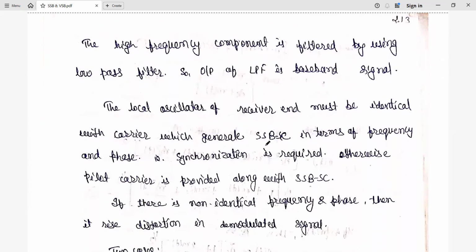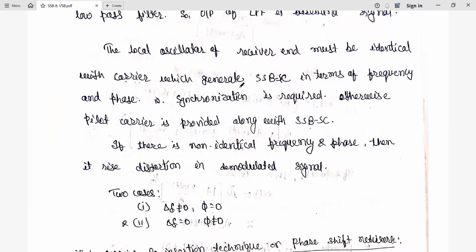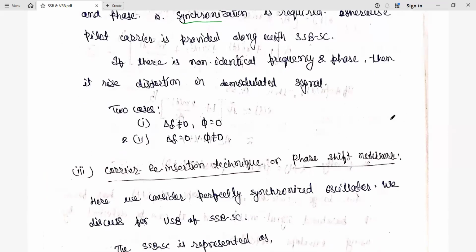So the high frequency component is stopped here, and the local oscillators of the receiver must be identical in terms of generation. That's why synchronization is required. The same carrier frequency should be there on the transmitter side as well as the receiver side. Here two different conditions are possible.